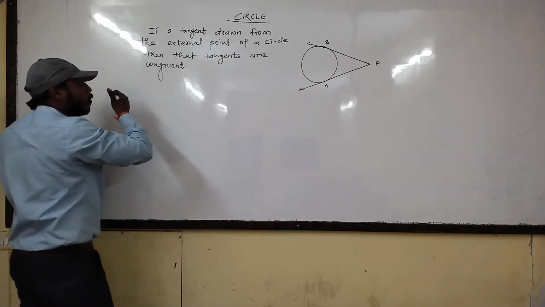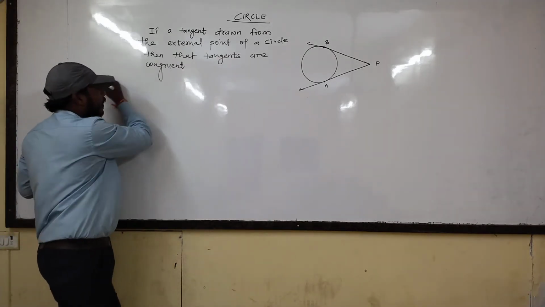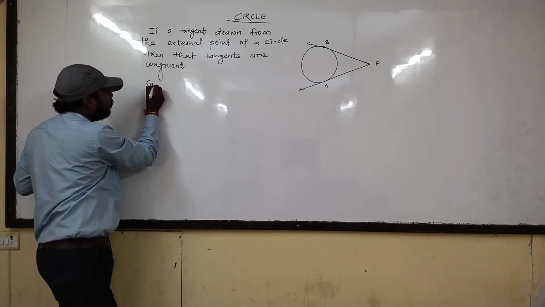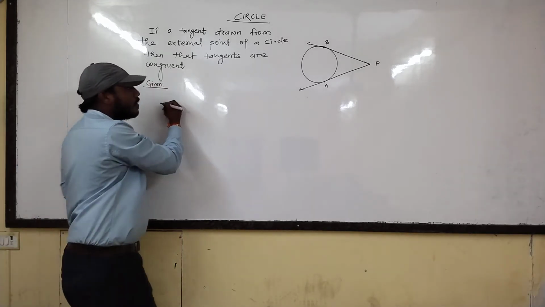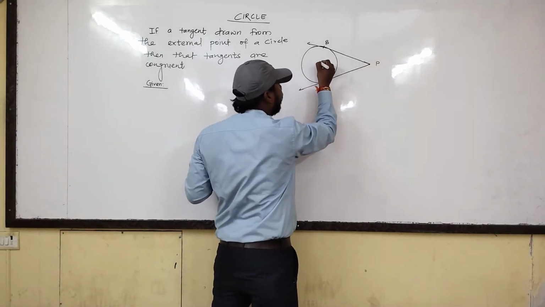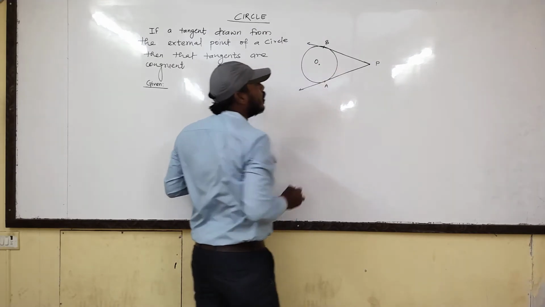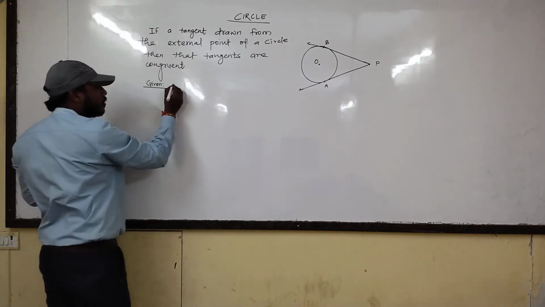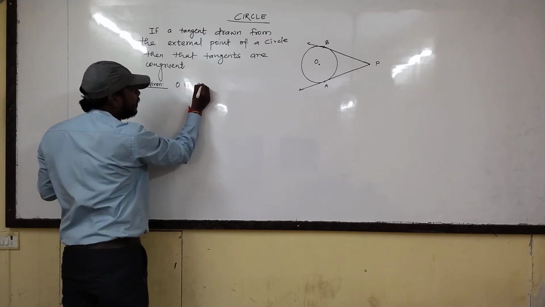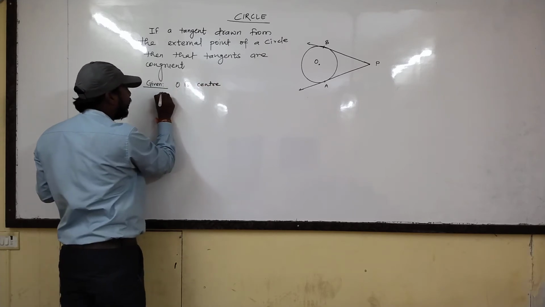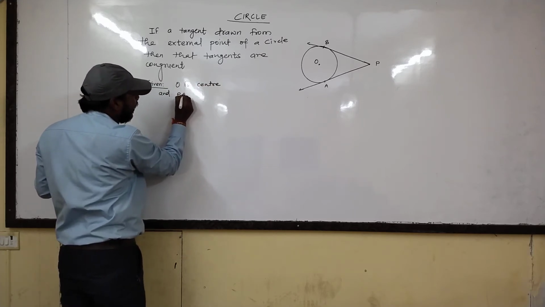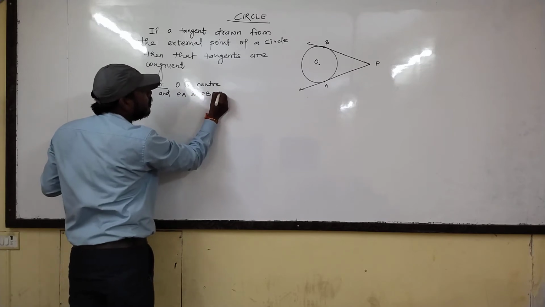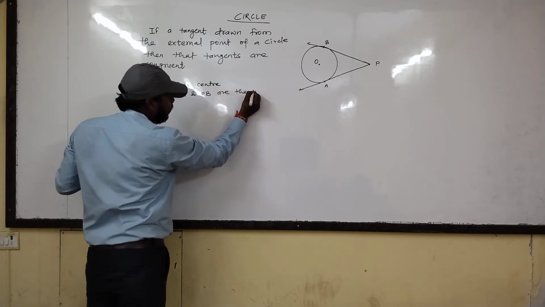So when we are proving the theorem, the very first thing we write is the given. In this we can say that O is the center. Let's say I am taking O as the center. In the circle, O is the center, and PA and PB are the tangents.